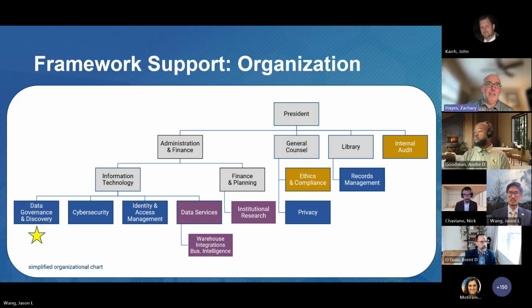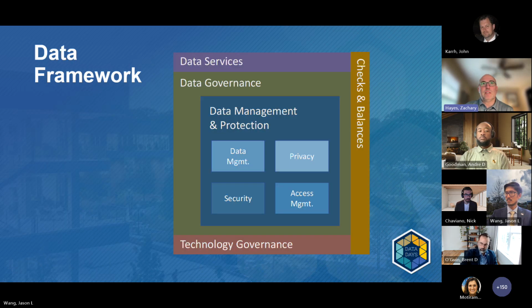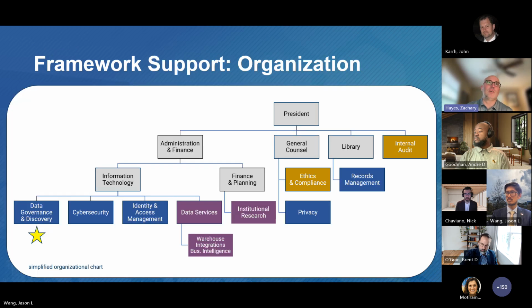So who are some of those key folks that fit within that framework? If you look at the colors here, we've got our data management and protection in the blue, we've got our data services type folks in the purple, and then we've got our checks and balance folks in the gold. So if we look at this very simplified organizational chart, you see our data management and protection groups here in the blue boxes.